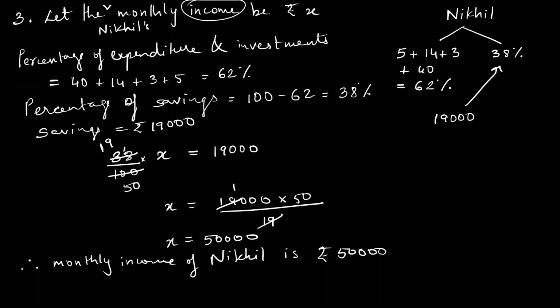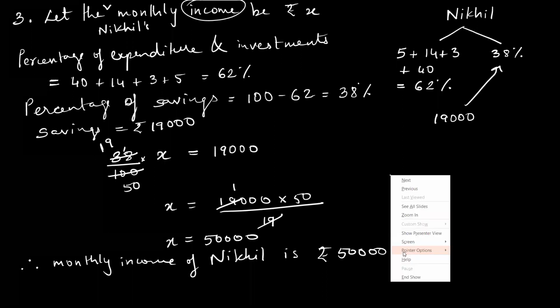Means by 19,000 into 100 upon 38. Yeah. Thank you, sir. Okay. Sivasri, do you understand which sum I'm talking about? Yes, sir. The second one. Second of problem. No, no, no. 6. You can come to problem set. Problem set.